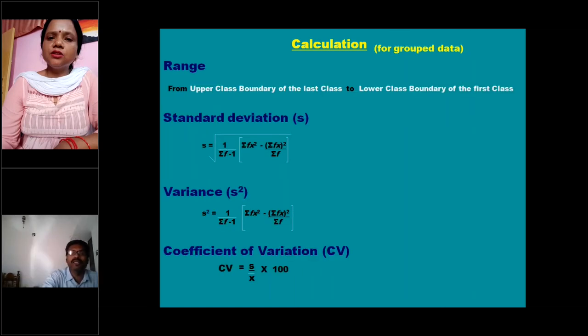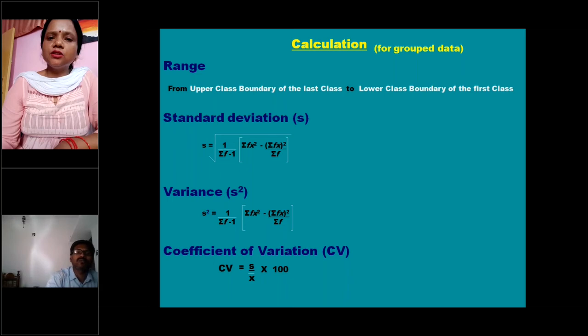And for the grouped data also, here the range is somewhat different, in that we have to take the upper class boundary of the last class and the lower class boundary of the first class. Though I have not given it here, we can easily find it from the table of grouped data.